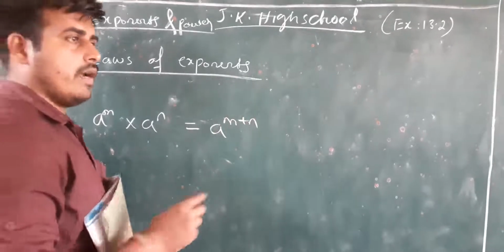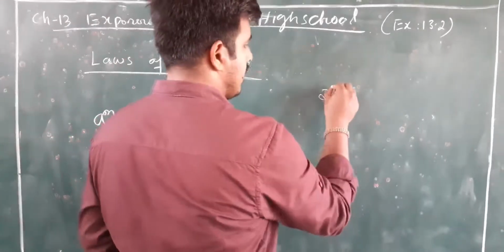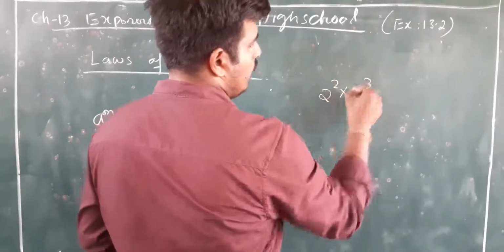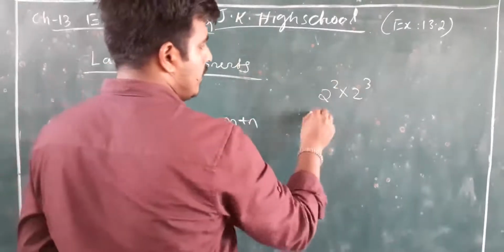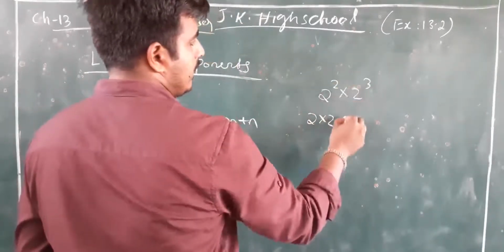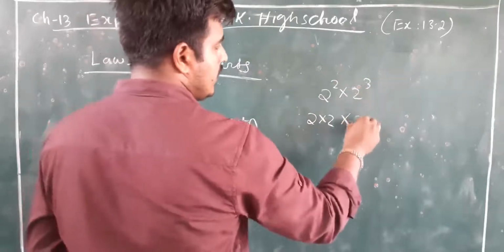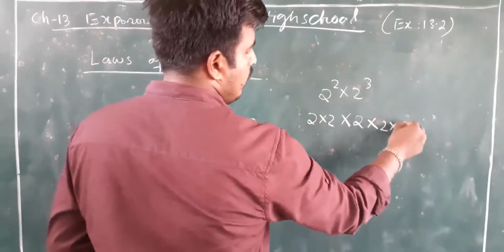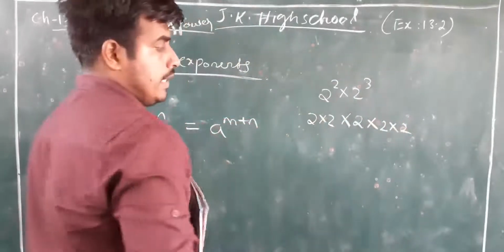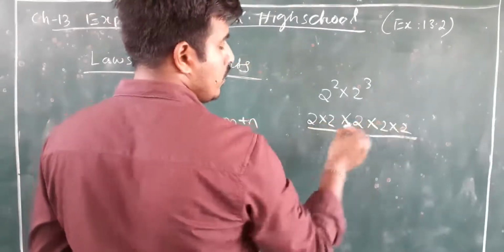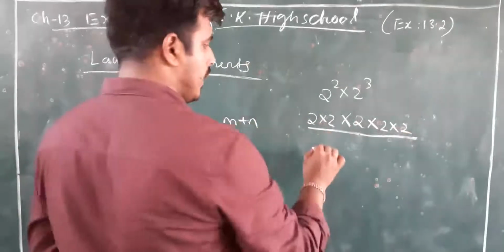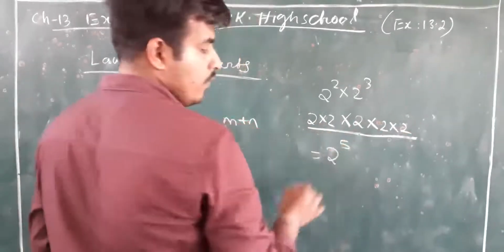This can be justified by a very simple example: 2 square into 2 cube. Let's expand this. 2 square means 2 into 2, and 2 cube means 2 into 2 into 2. In short, 2 is multiplied by 2, 5 times, so I can write it as 2 raised to 5.